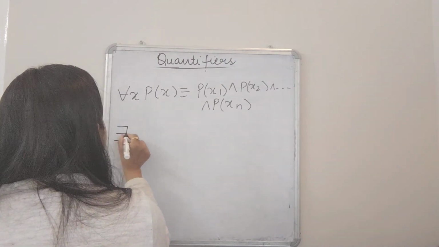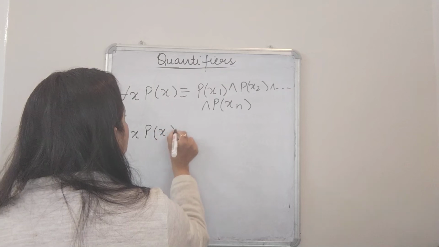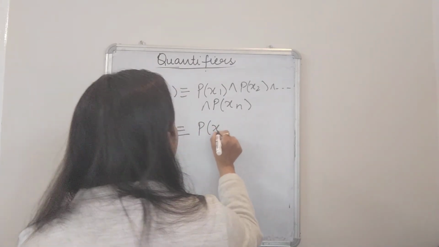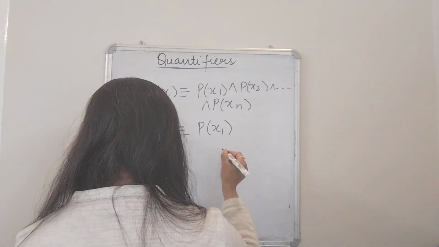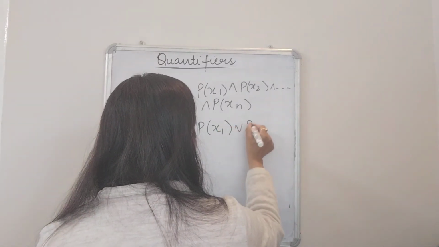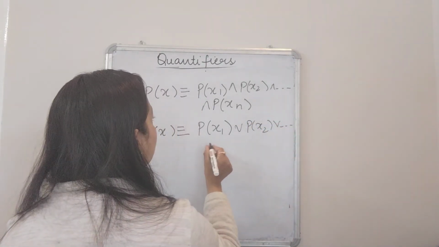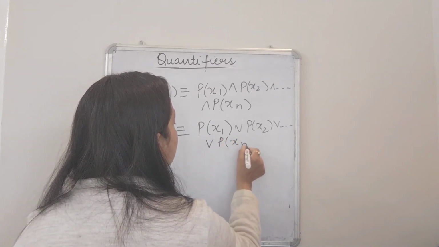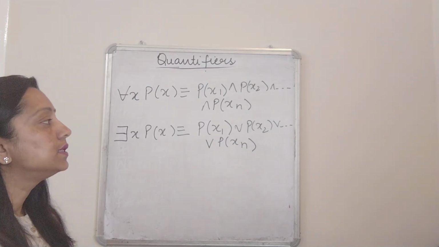And for the existential quantifier, there exists an x for p of x such that from the values of x from the domain of x, if either p of x1 is true or p of x2 is true, or till the number of values in the domain, p of xn is true, then the existential quantifier is considered to be true.